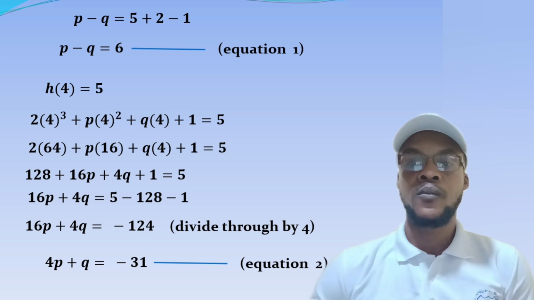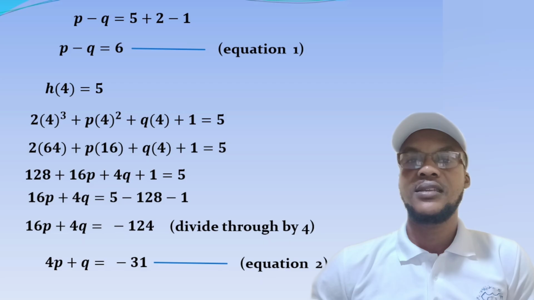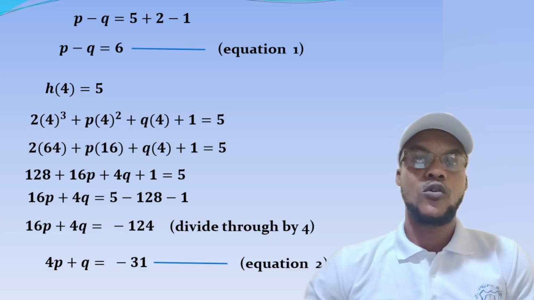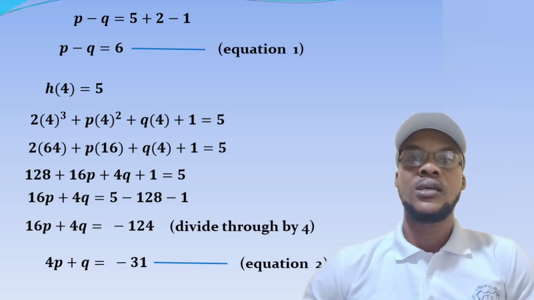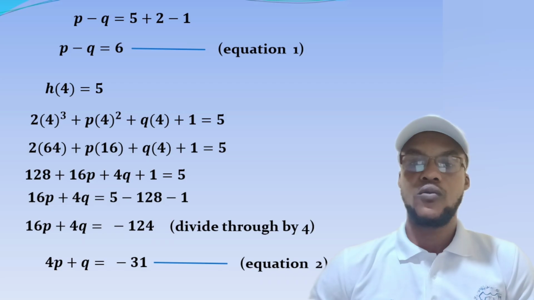Now we have 2 equations, and looking at this, if you remember, this is one of the concepts that we've done. This is simultaneous equations, equations involving 2 variables, or linear equations involving 2 variables.